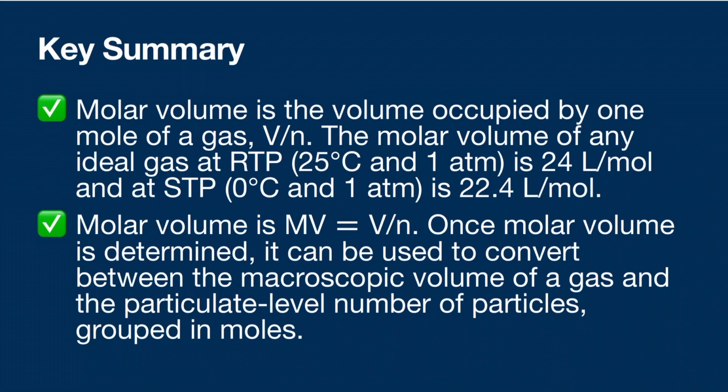And at standard temperature and pressure, which is 0 degrees Celsius and 1 atmospheric pressure, it is 22.4 liters per mole. Molar volume is MV equals V over n. Once molar volume is determined, it can be used to convert between macroscopic volume of a gas in liters and particulate level number of particles grouped in moles.